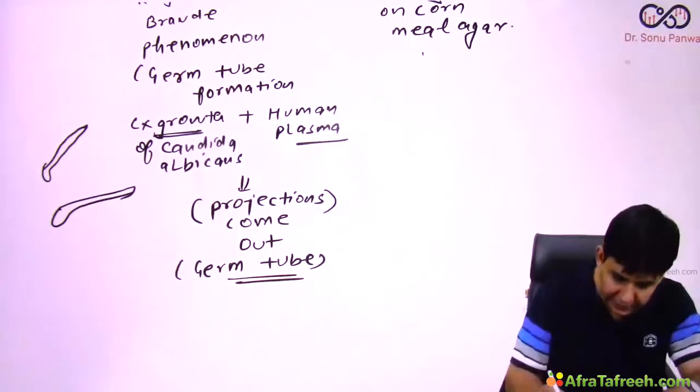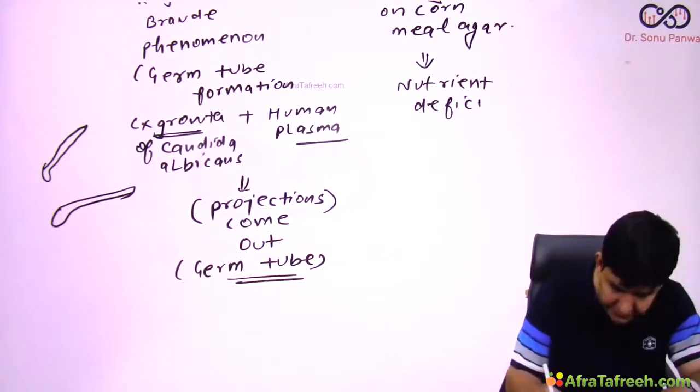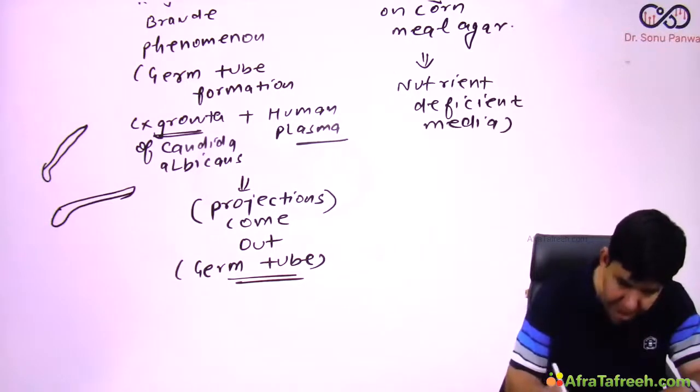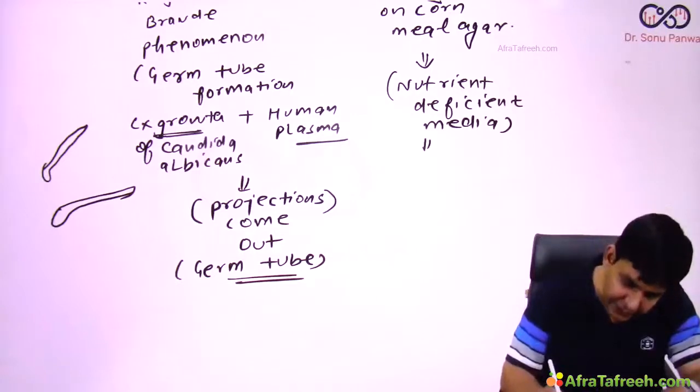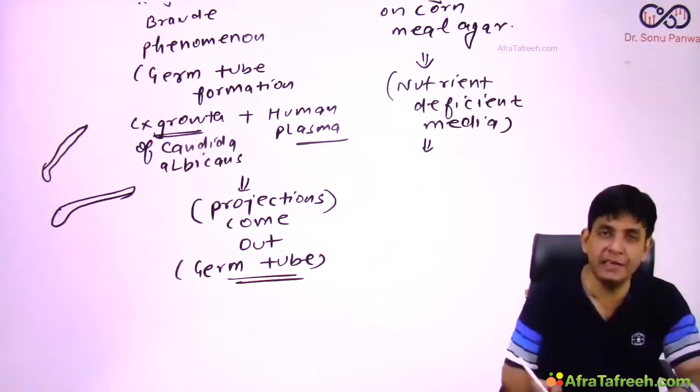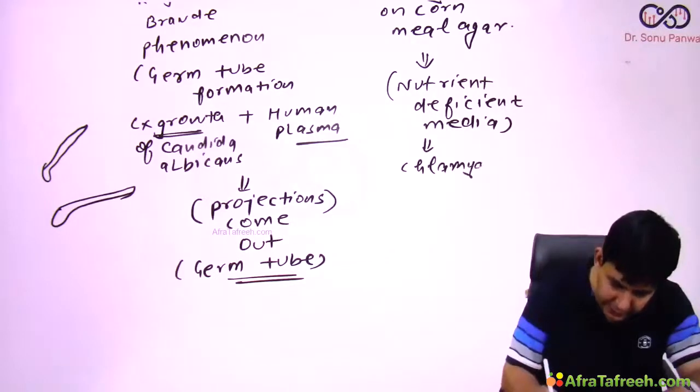Whereas in the cornmeal agar, first of all you need to remember, it is a nutrient deficient media, and on this nutrient deficient media, to survive, it produces asexual spores which are termed as chlamydospores.